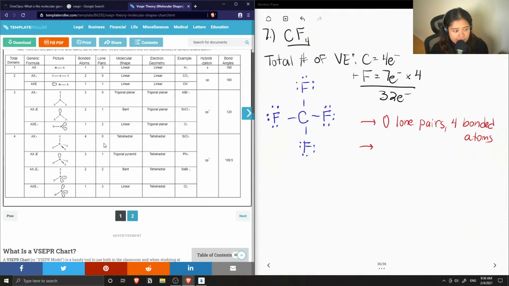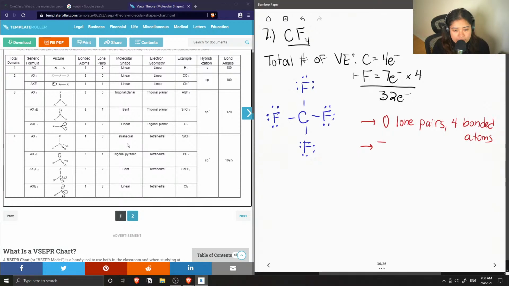Okay, so when we have 0 lone pairs and 4 bonded atoms, we have a tetrahedral molecular shape and electron geometry.